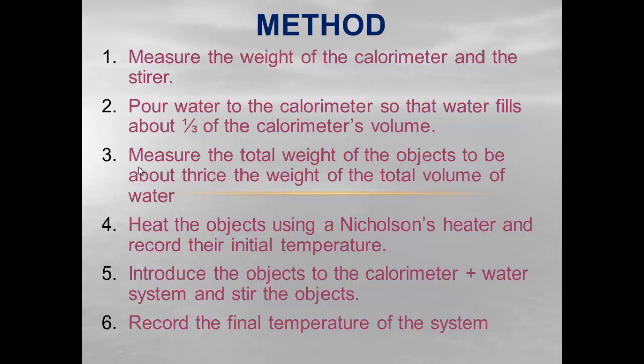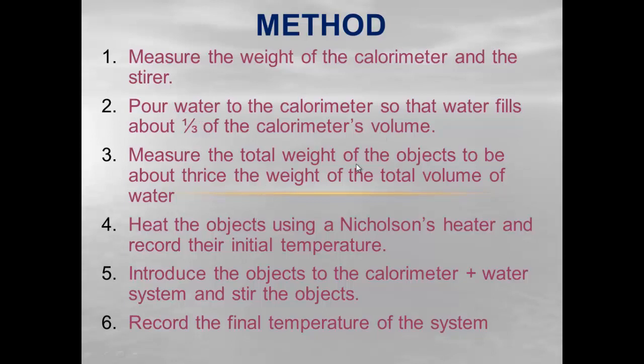As the third step, you measure the total weight of the objects to be about thrice the weight of the total volume of water. Now this is actually a mandatory step, right? That is the reason why I explained in step 2 to pour water into the calorimeter so that water fills about 1/3 of the calorimeter's volume.